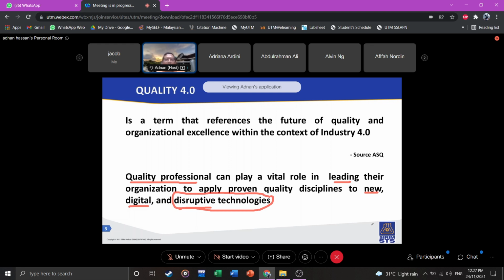Instead of going to a petrol station, you will go to a charging station. These are disruptive technologies that will make existing technology obsolete. Like in the past, people used typewriters to produce documents. When the computer came in, the manual typewriter became obsolete. So we can see that this is coming.